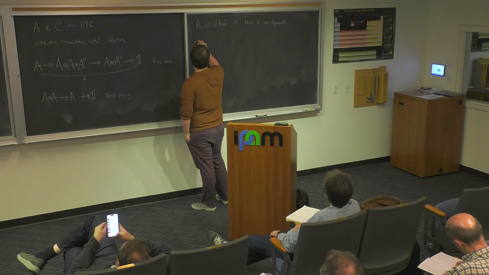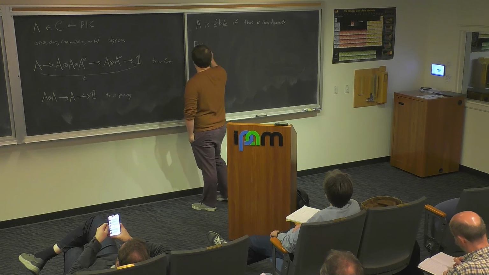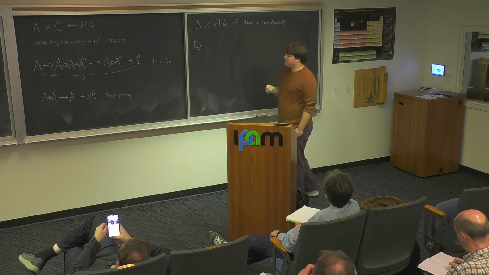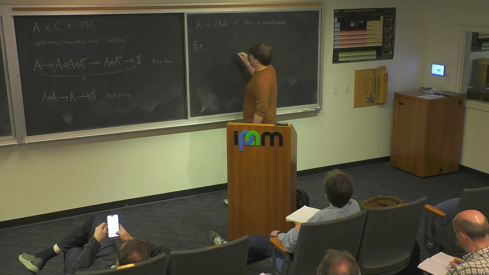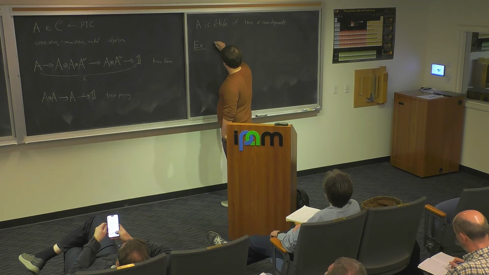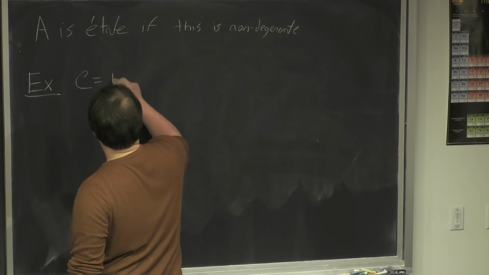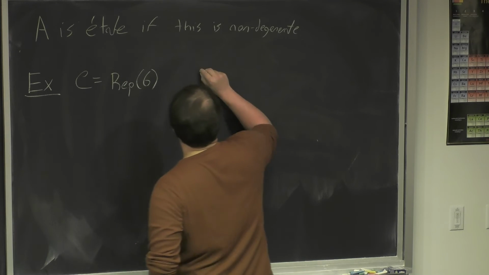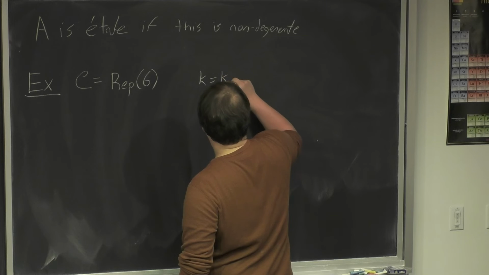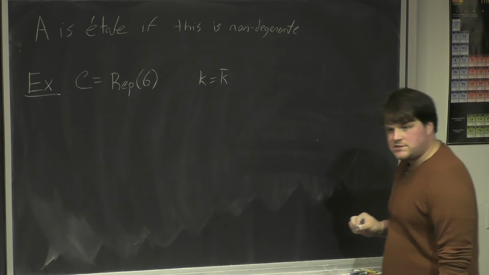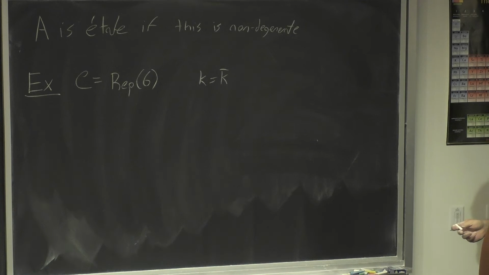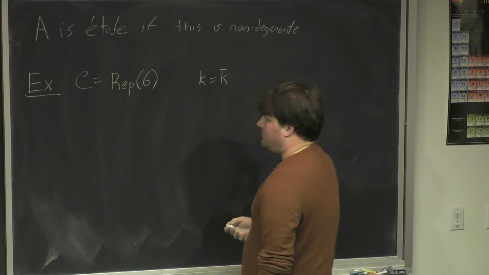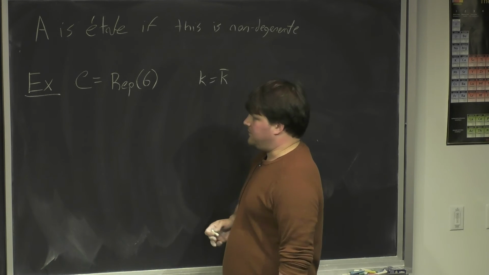And as a sort of sanity check, so let's say I'm in C equals Rep G, and maybe K is algebraically closed. Then, well, okay, what are the étale algebras?